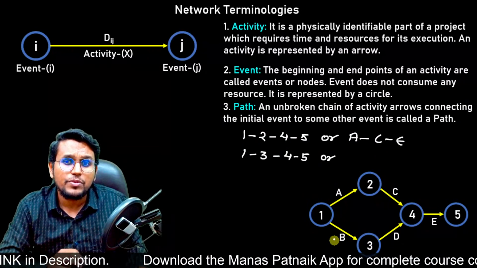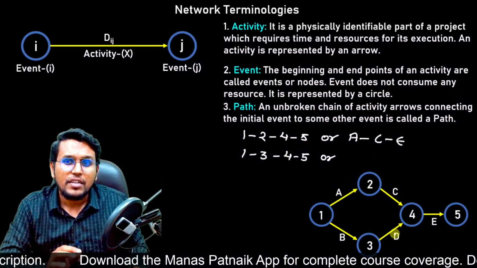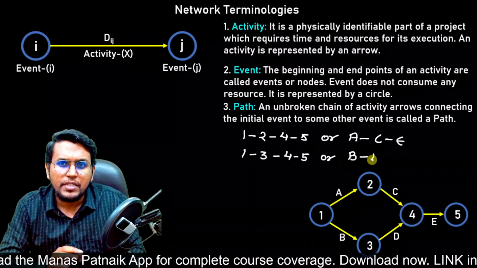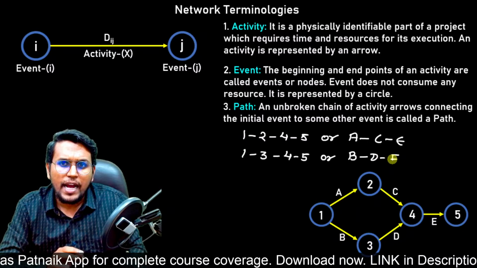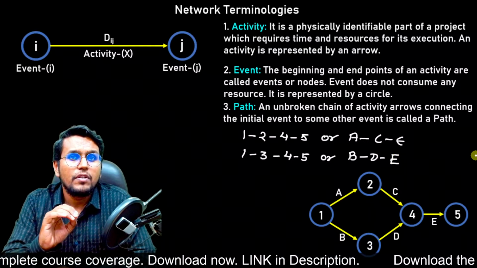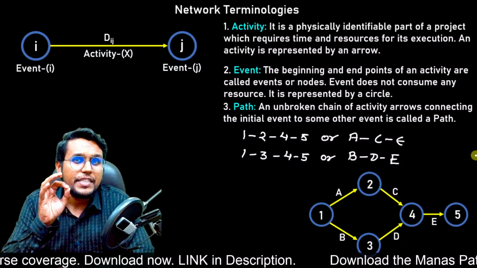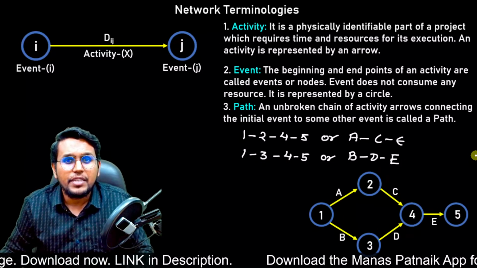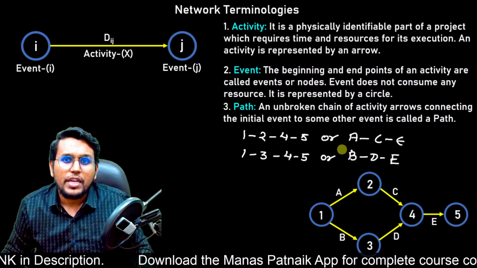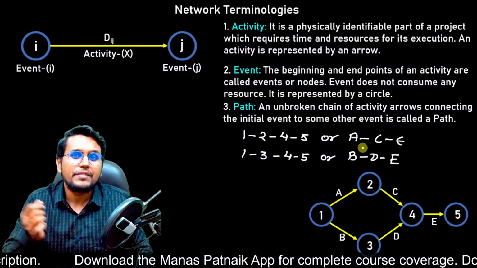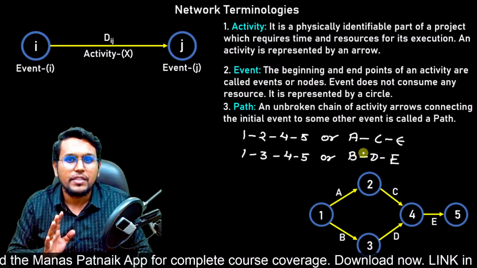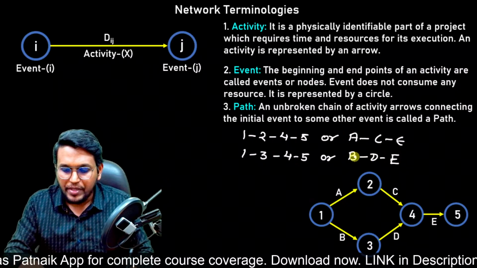So this constitutes activities B, D and E. So when we go through this, we are going to see different representations. It can be in the form of 1, 2, 3, 4, 5, or it can be in the form of A, B, C, D, E activities. So both are correct, both are absolutely fine. You can go with either one of them.